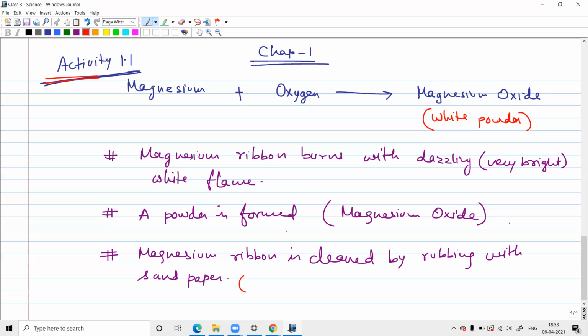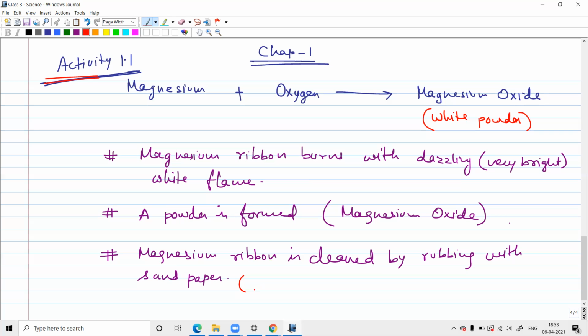You will learn that in later classes. So it has already rusted. Why are we rubbing it with sandpaper? We want to clean that coating. And what is that coating basically? That is also magnesium oxide, because it was already exposed to oxygen. So there was a thin coating of magnesium oxide. That is what we are trying to rub off by cleaning with sandpaper.